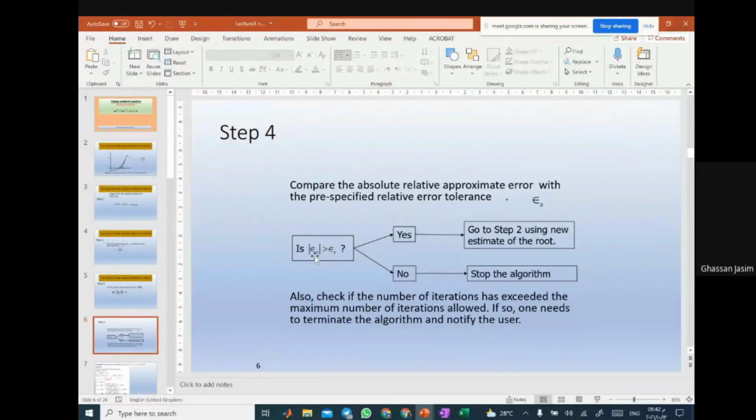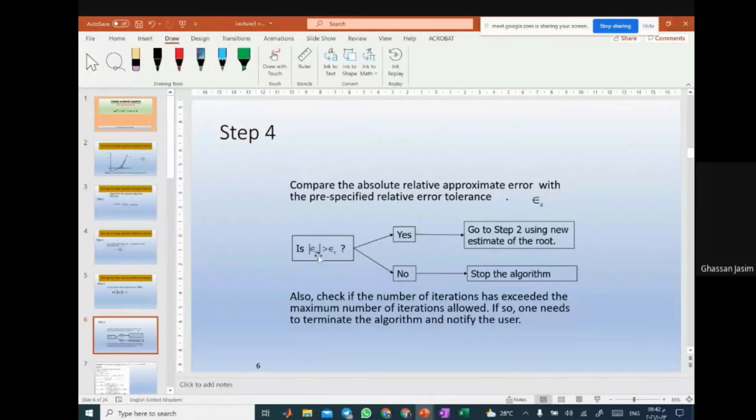If this error is more than E s, you have to repeat or continue your solution. If the estimated error is not more than E s, you have to stop.